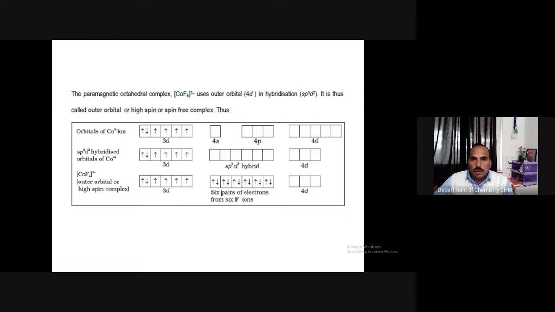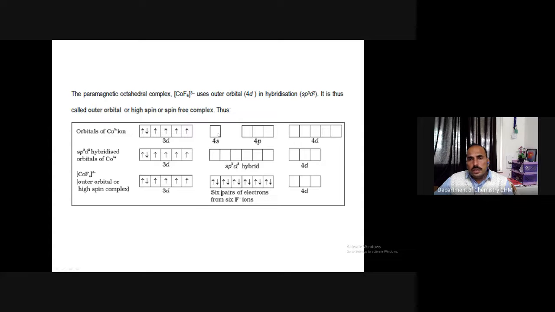Alright, now you can see another cobalt complex, the cobalt hexafluoro 3 minus complex. Again, it is given that it is a paramagnetic octahedral complex. Paramagnetic is there, octahedral, right? And this is also cobalt 3 plus, so d6. So in this case, since we know it is paramagnetic, no need to pair the electrons, right? We have to find 6 orbitals other than these, because this is a paramagnetic octahedral complex.